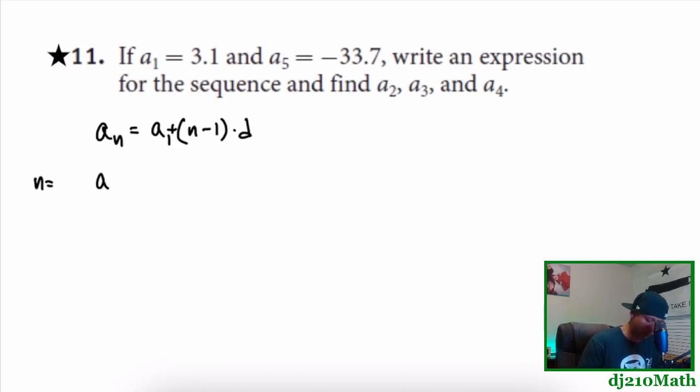So when n equals 1, a sub 1 is going to be a sub 1 plus 1 minus 1 times d.